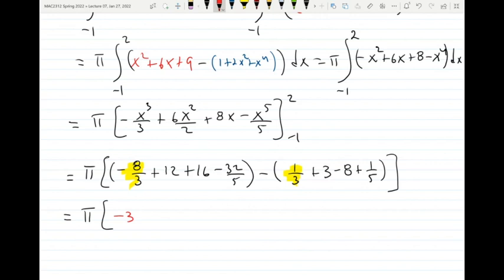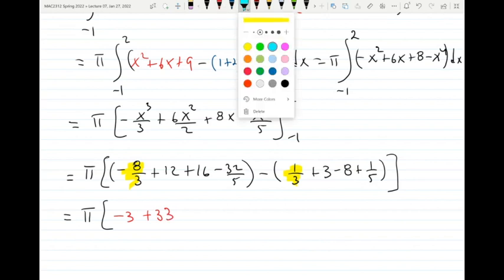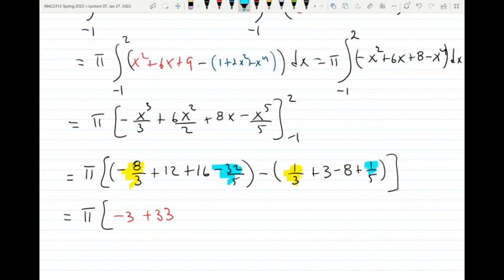Minus 3, 25. Plus 8, 33. And then I'm going to do this one with this one. So negative 32 over 5 minus 1 over 5. That's negative 33 over 5.